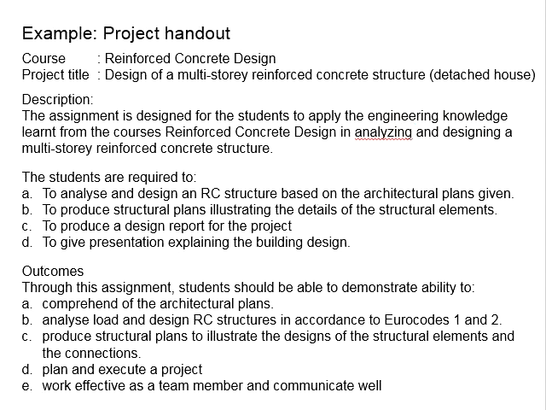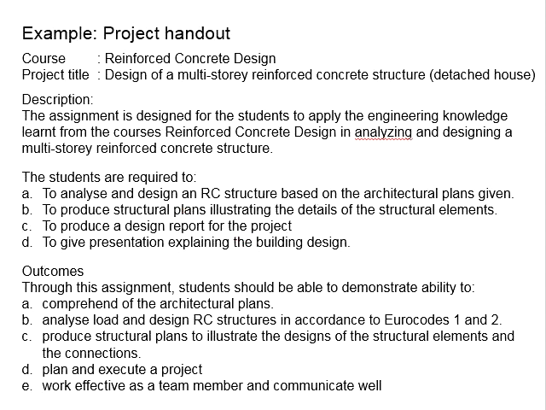The students are required to analyze and design the RC structure based on the architectural plan given, to produce structural plans illustrating the details of the structural elements, to produce a design report for the project, and to give presentations explaining the building design.